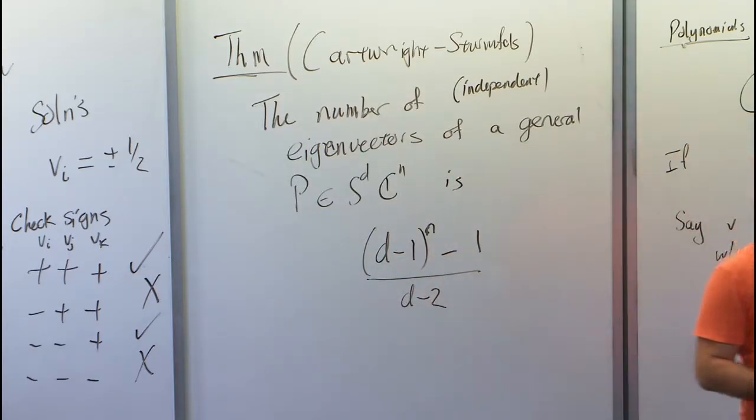And then when d equals 2, just take the limit. Use L'Hopital's rule to get the formula. Okay, so we know how many eigenvectors of a tensor we should expect by this theorem. There's also a way to count this by using Chern classes and vector bundles, which Giorgio and I explained in our paper.